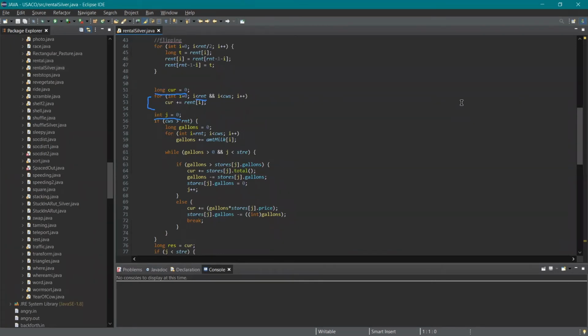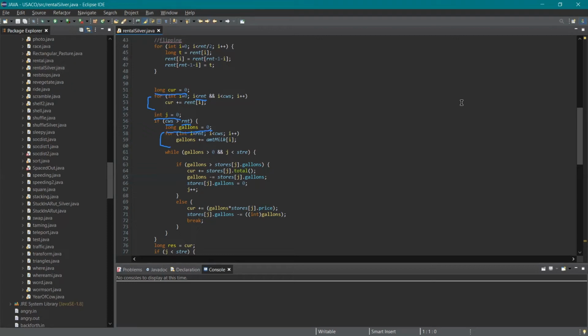If cows is greater than rent, we start with long gallons equals 0, because we're trying to find the amount of gallons we have. For rent i from rent to i less than cows, we add up all the gallons. And while gallons is greater than 0 and j is less than store, because we don't want to reach the limit.